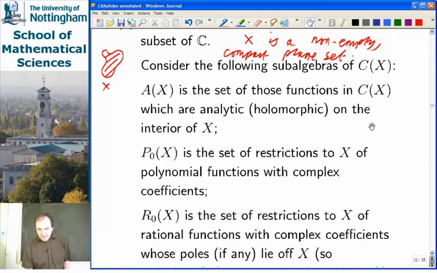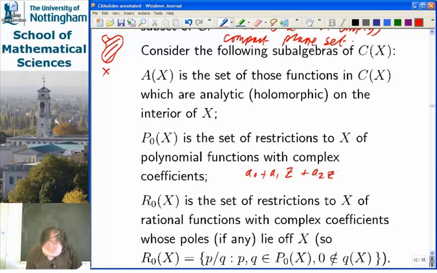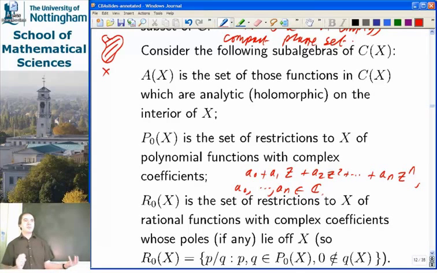But then P naught of x, you just take polynomial functions with complex coefficients. So something like a naught plus a1 z plus a2 z squared, and then you stop at some point, and the a naught up to a n are in C. And that gives you a nice function of z.